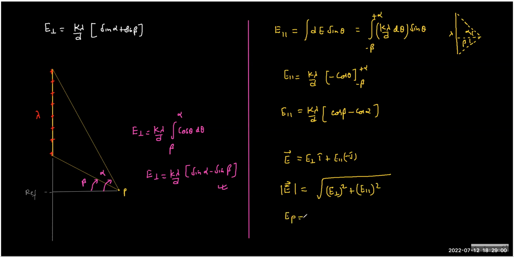So E P we can write by taking k lambda by d common in both cases, and see what we're left with. If you simplify this, you'll get a really interesting answer. Can you simplify this? Do this.